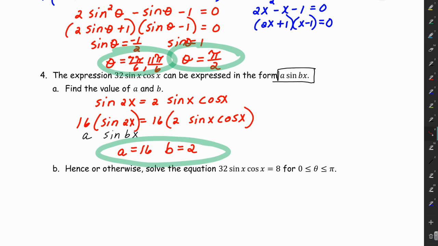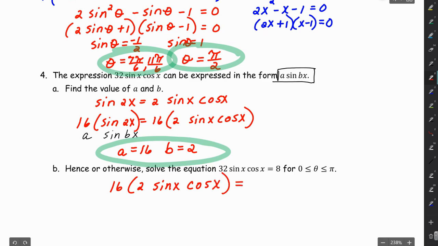A lot of times in IB, they want you to use what you found out in the previous part of the problem. So we know that 32 sine x cosine x is the same as writing 16 sine 2x cosine x.